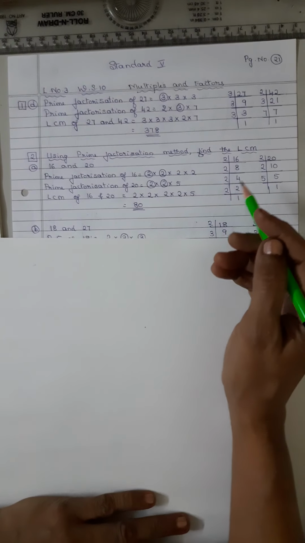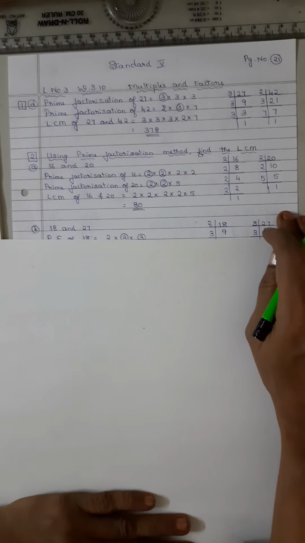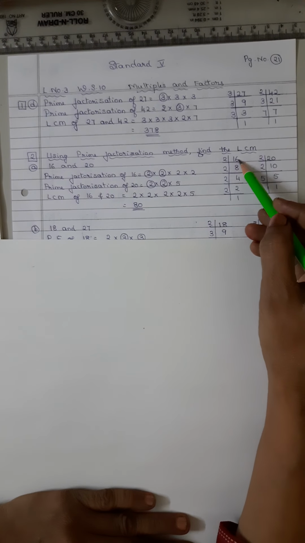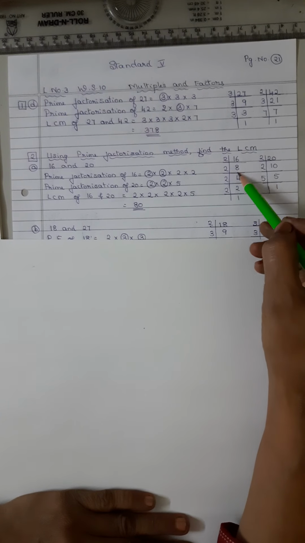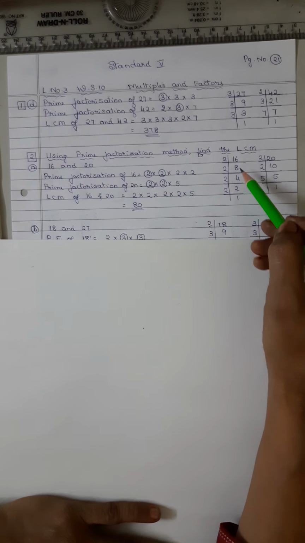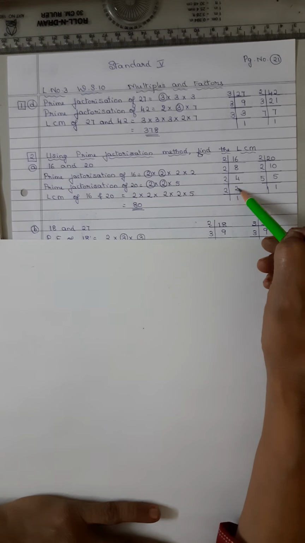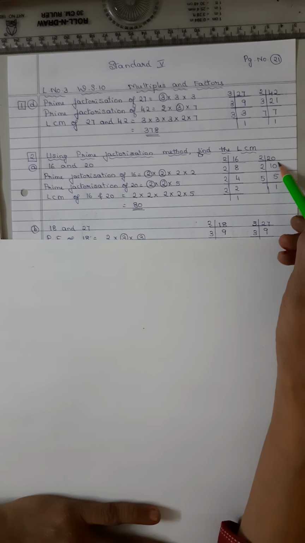Using prime factorization method, find the LCM. Now 16. Even number, start with 2. 2 8s are 16. 2 4s are 8. 2 2s are 4. 2 1s are 2. 20. Even, 2 10s are 20. 2 5s are 10. 5 1s are 5.